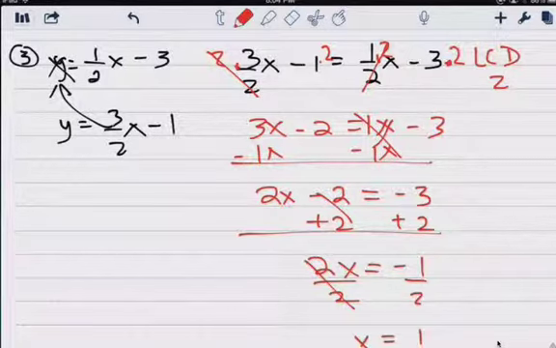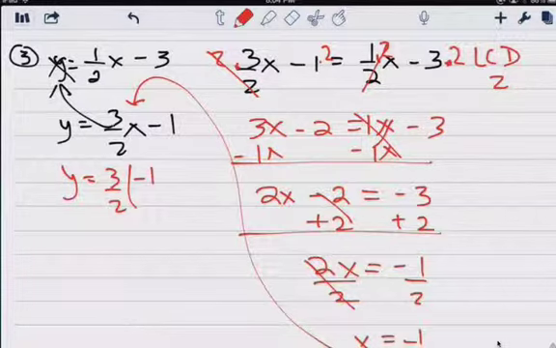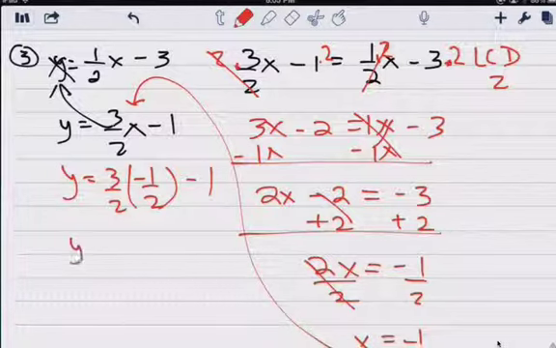Substitute this into there. You get y equals 3 over 2 times negative 1/2 minus 1, so y equals negative 3 over 4 minus 1.